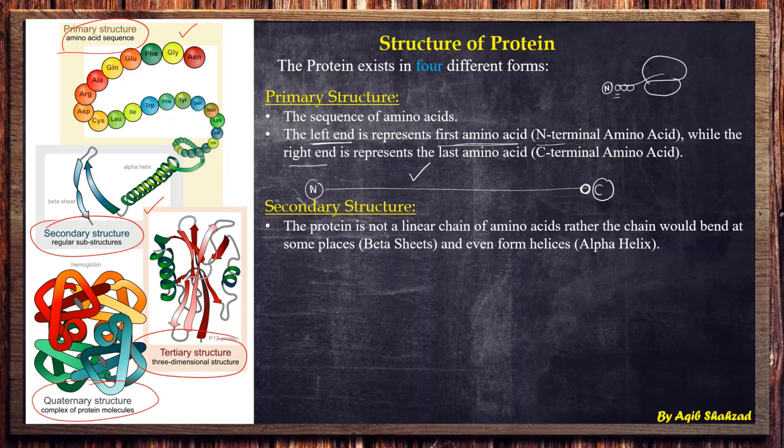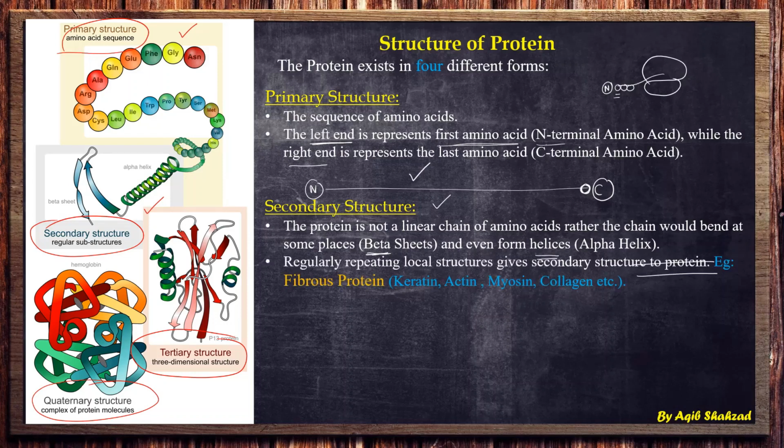So a protein assumes a secondary structure. The first one is the beta sheet type of structure, in which proteins are arranged in a sheet-like manner, and the second one is the presence of helices or alpha helix. This regular repeating local structure gives secondary structure to a protein.